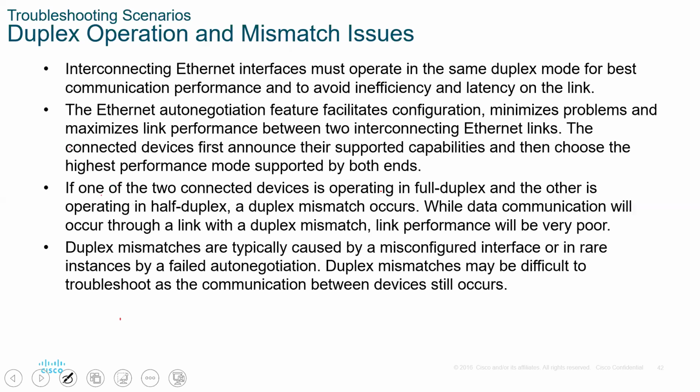This is an example of a troubleshooting scenario where you have a duplex mismatch. It's similar to a question that someone asked, I think in the last class or the class before the last. Interconnecting Ethernet interfaces must operate in the same duplex mode, which is full duplex or half duplex.